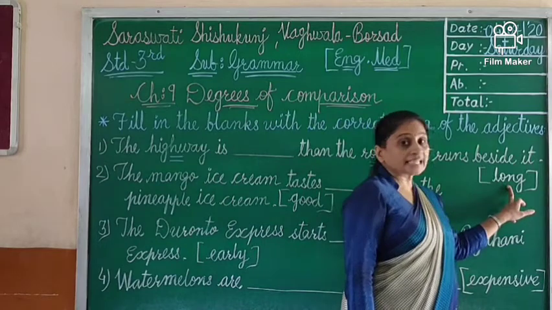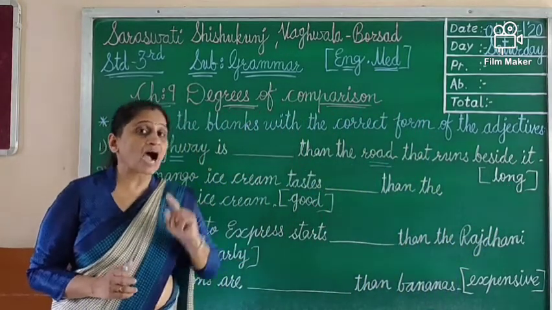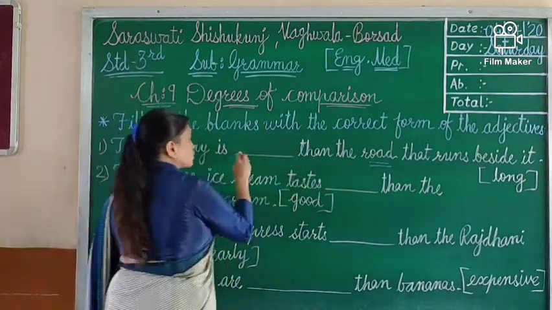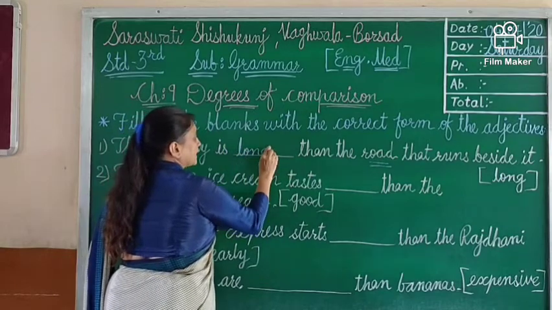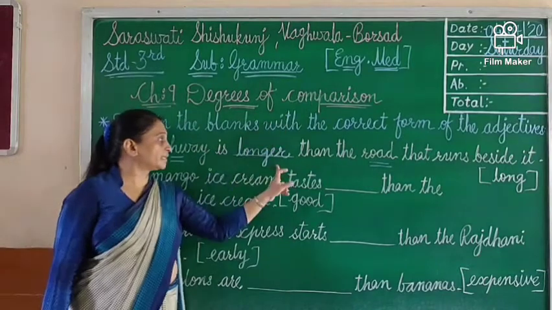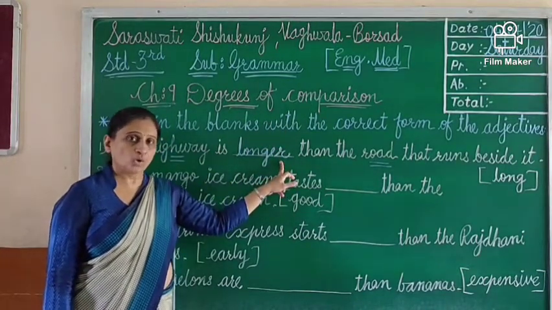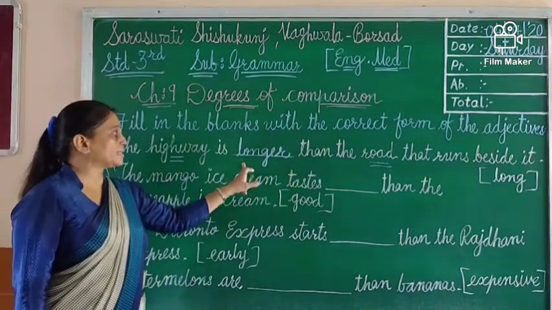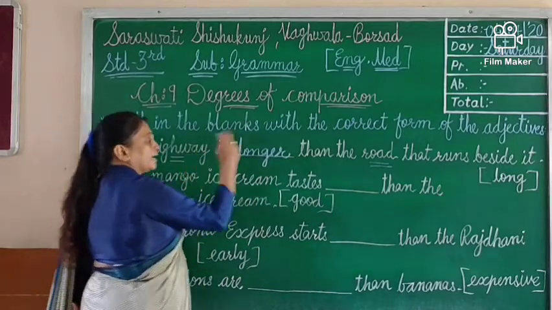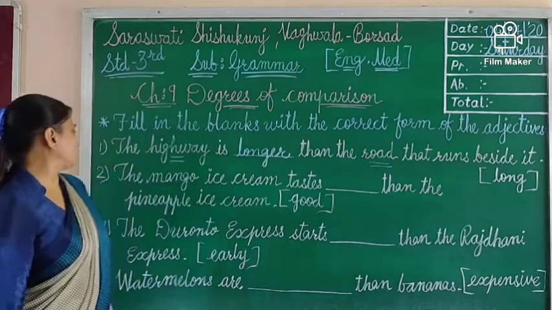We will change this adjective, the word long, with ER. So first we write long and then we add ER. This is the comparison degree word. Now it becomes comparison degree. We are comparing the highway with the road and the answer is longer.